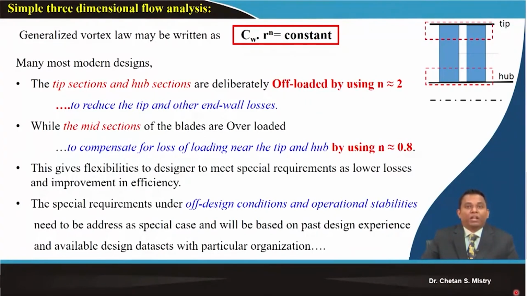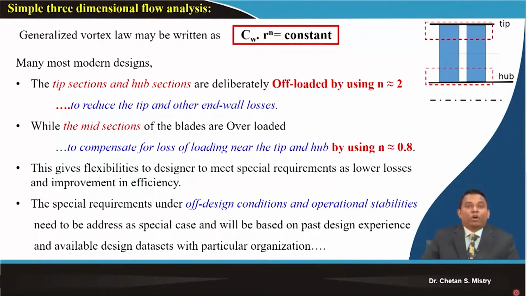Now at the mid span, in order to compensate for the load we lose near hub and tip, the load is compensated at the mid span region, where this exponent has been selected as n equal to 0.8. This gives the flexibility to reduce the losses, and that improves the efficiency. One other criterion is a wider operating range.